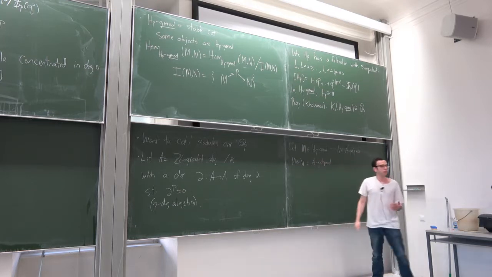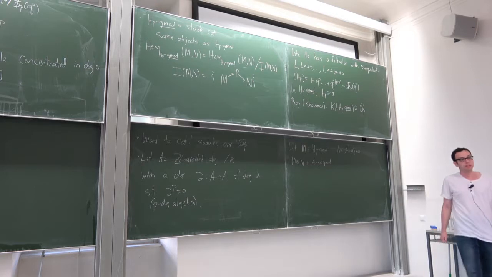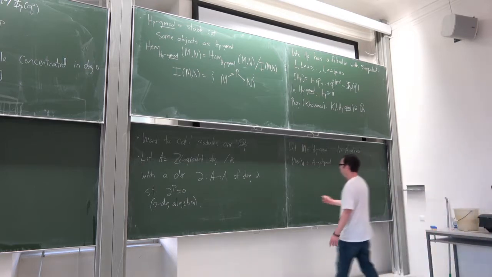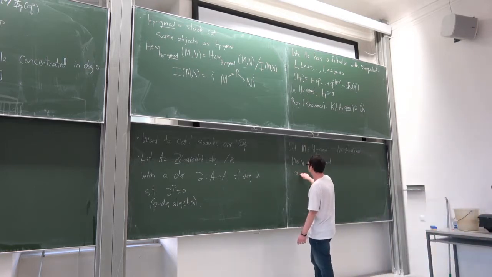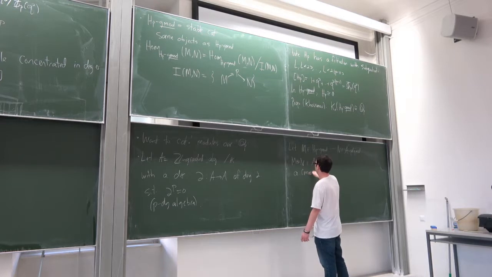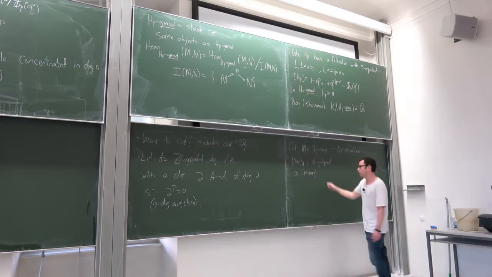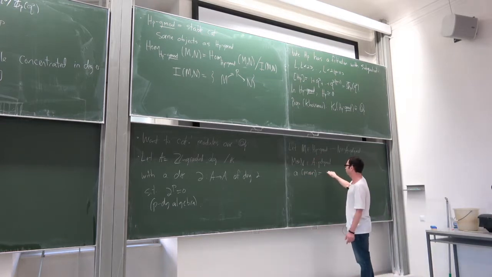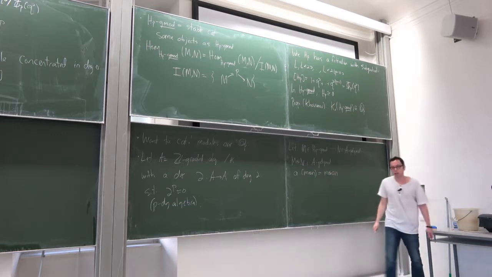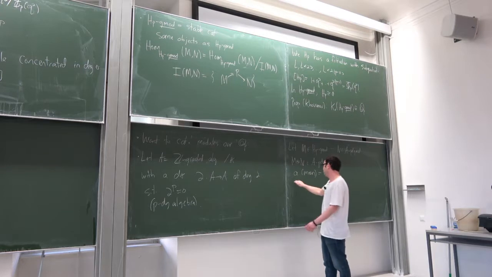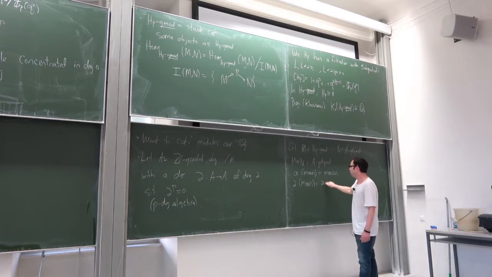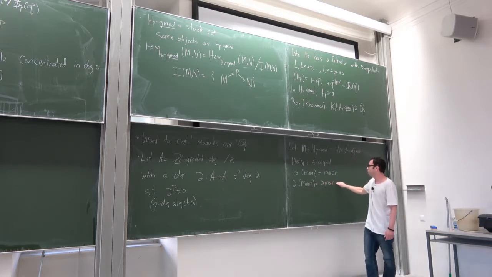So I need to describe the PDG structure and the A module structure. Well, the A module structure is easy. If I take an element a in the algebra and I act on this tensor, it just acts on the second tensor factor. And the d module structure is given by some sort of Leibniz rule. So it's dm tensor n plus m tensor dn.